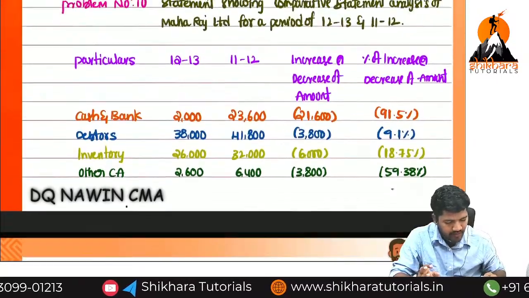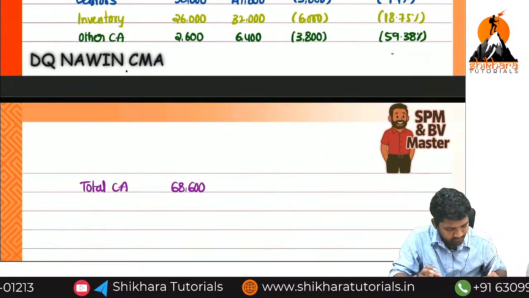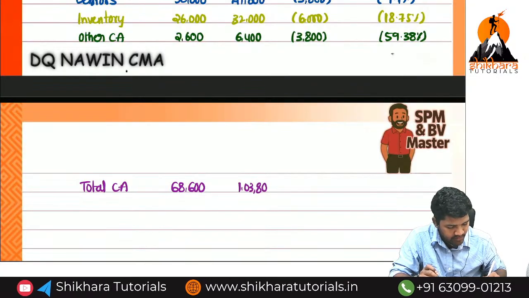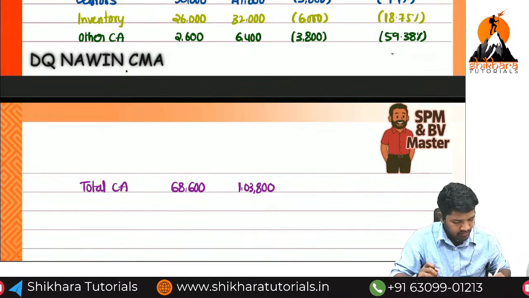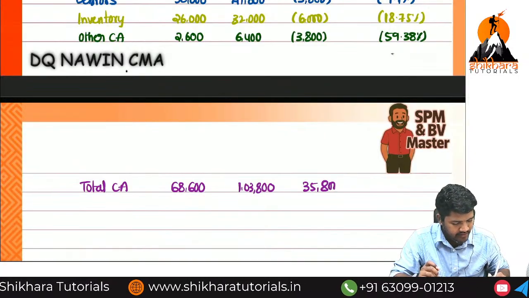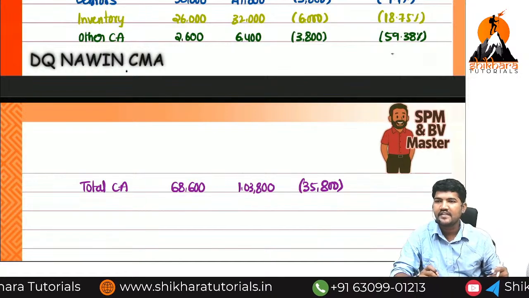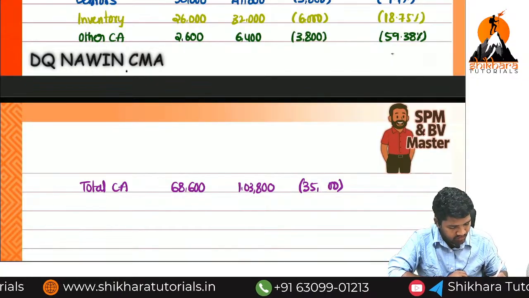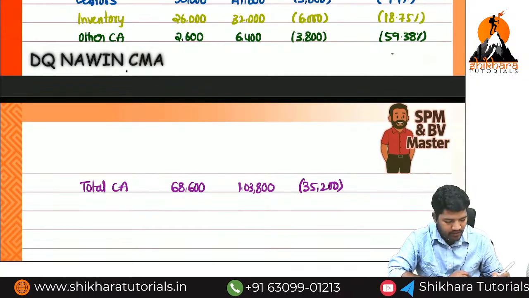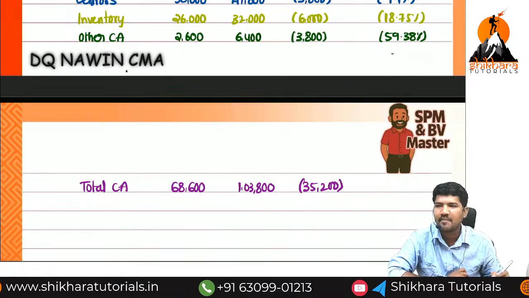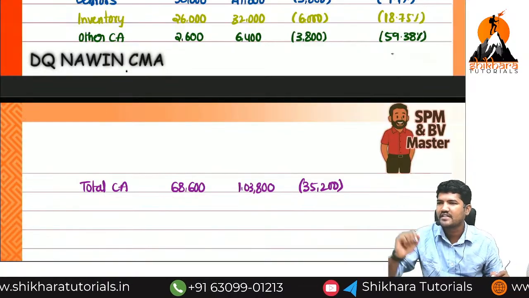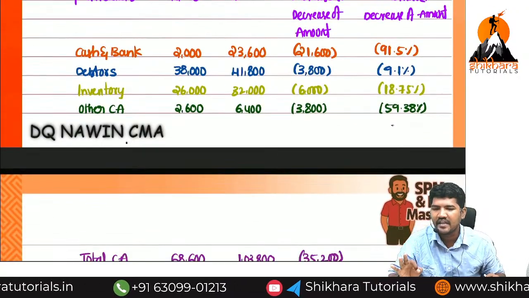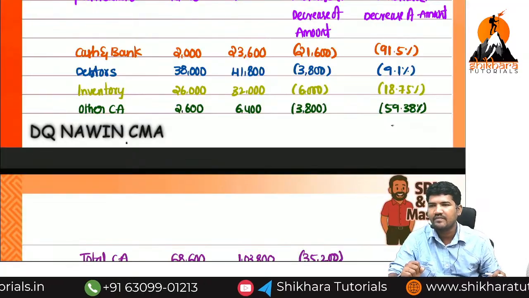Now what about the previous year? 1,03,800. Decreased by 35,200. Why does total current assets decrease compared to last year? Because of all the above reasons: the decrease in debtors, the decrease in inventory, and the decrease in other current assets. Guys, clear? How much percentage, sir?